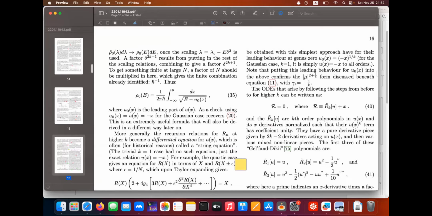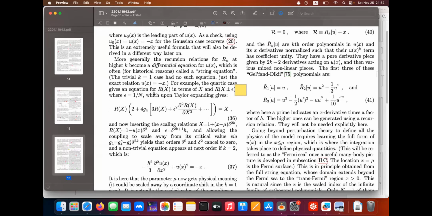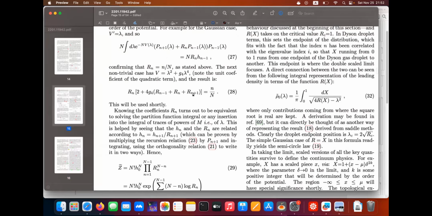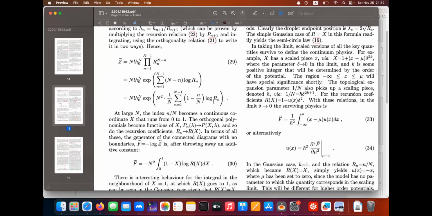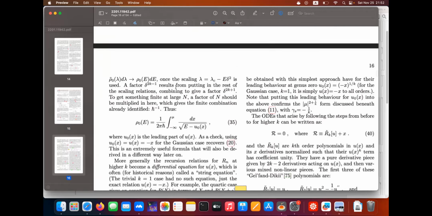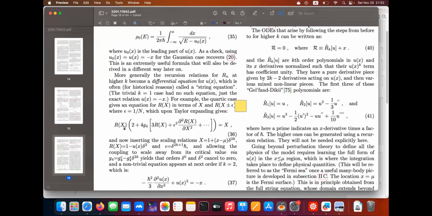For example, for the next non-trivial case, we have known this one. Then you see that this part and this part will give the second derivative of R. Then just write it down and put everything in it.